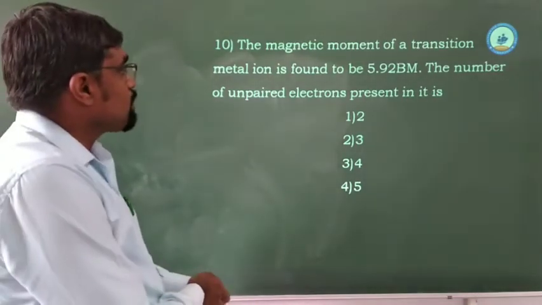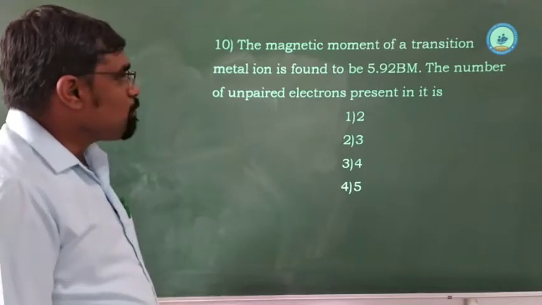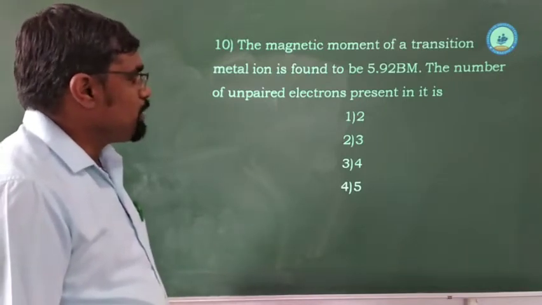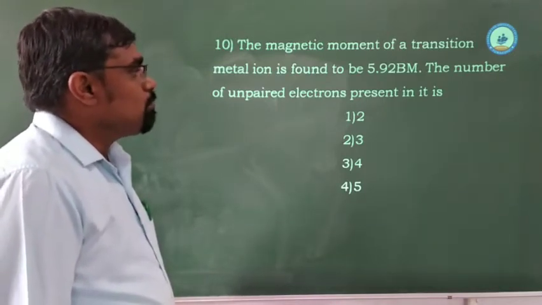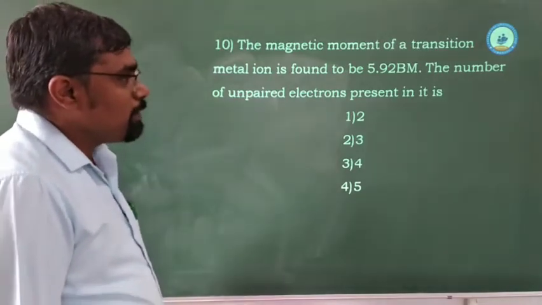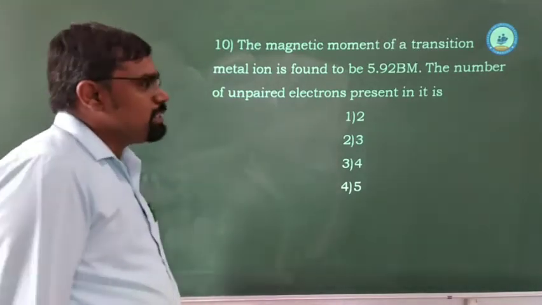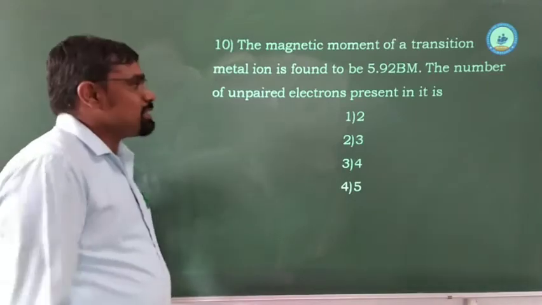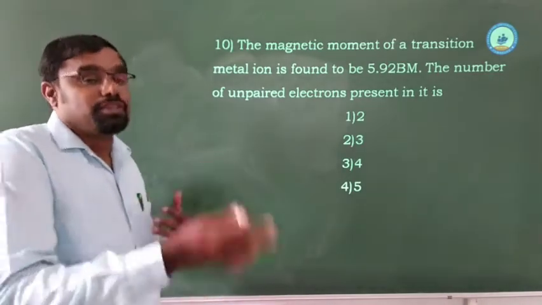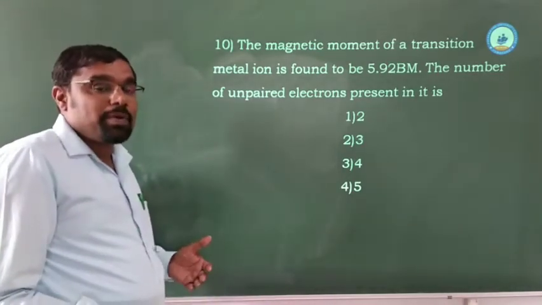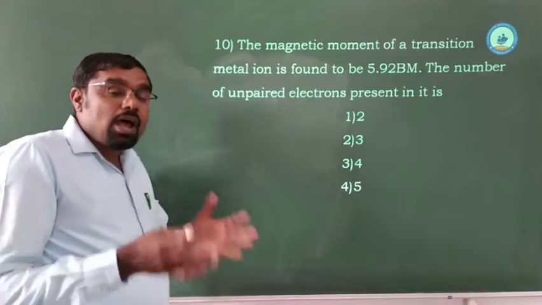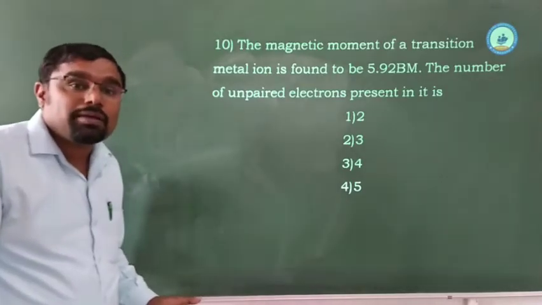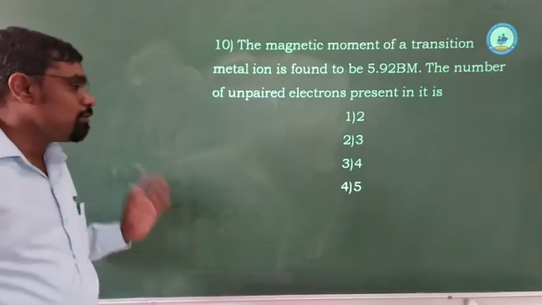Okay. Next, the magnetic moment of a transition metal ion is found to be 5.92 Bohr magneton. The number of unpaired electrons present in it. We already discussed that one. For 5.92, the highest magnetic moment, the unpaired electrons in the d orbital are 5.